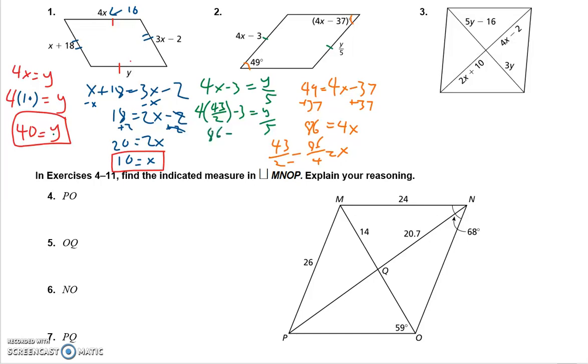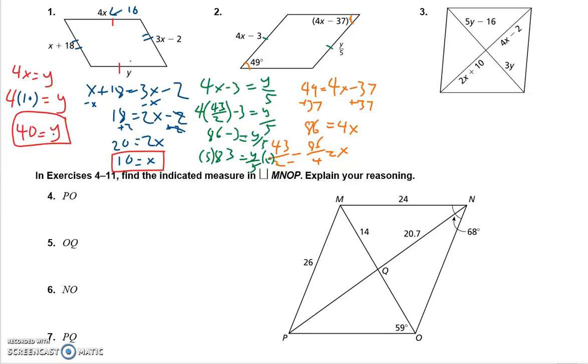So 86 minus 3 equals y over 5. So 83 equals y over 5, and then multiply both sides by 5. I'm sorry for the mess here. So 5 times 83 is 415. That's a big number.